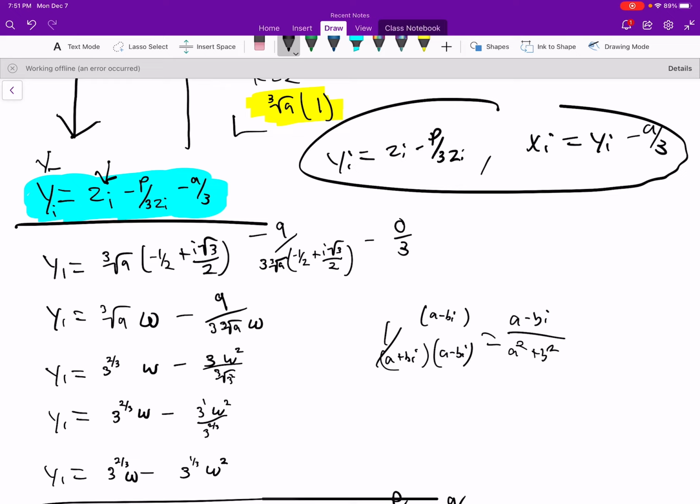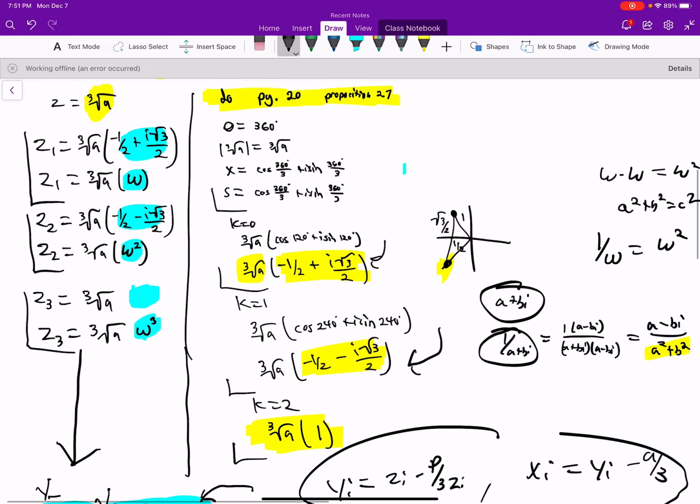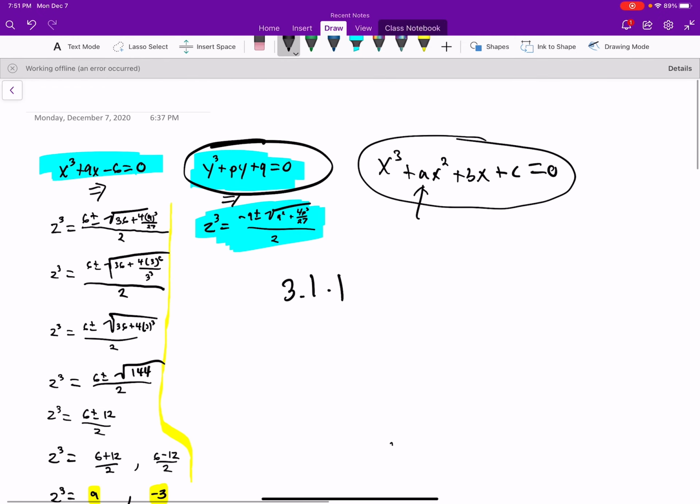Now, I want to talk about this A here. What the heck is this A? Remember, we talked about this earlier. This A is 0. So we have something already in this form, so it gives us a bit of a shortcut. We don't have to put it in this form. It's already in that form.